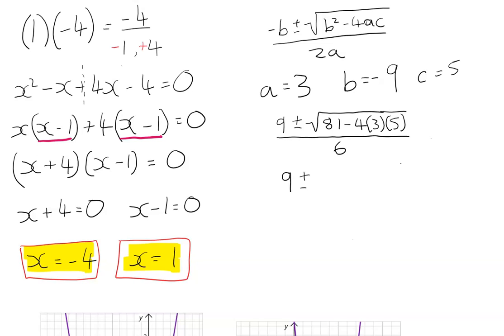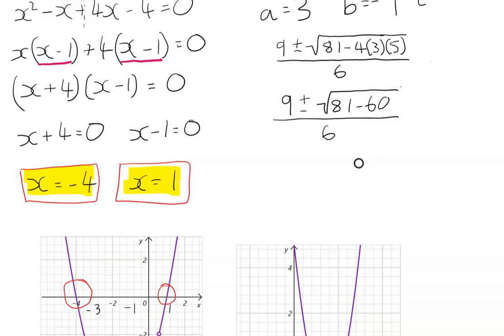So it's going to be 9 plus or minus the square root of 81, and you can use your calculator for this. So you have minus 4 times 3 times 5, and minus 4 times 3 times 5 is minus 60, all over 6. And again, we can tidy it up another small bit. So we're going to have 9 plus or minus the square root, and 81 minus 60 is the square root of 21, all over 6.